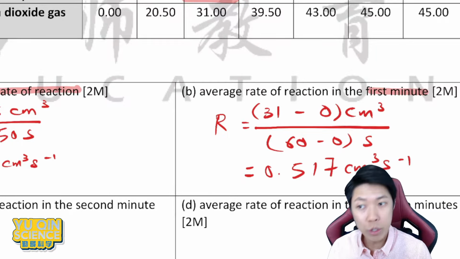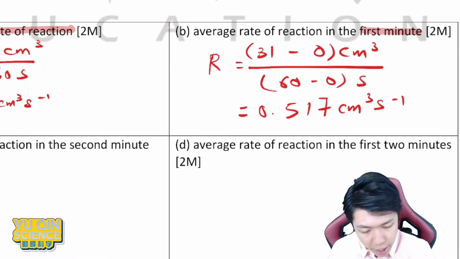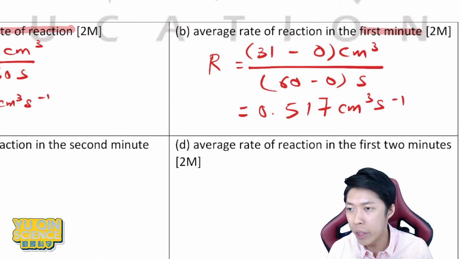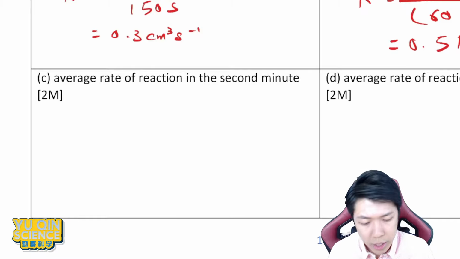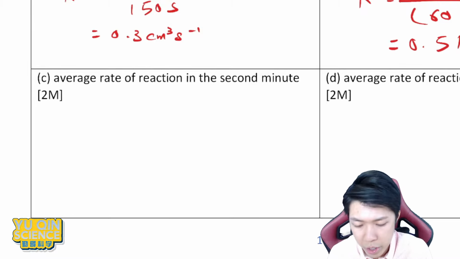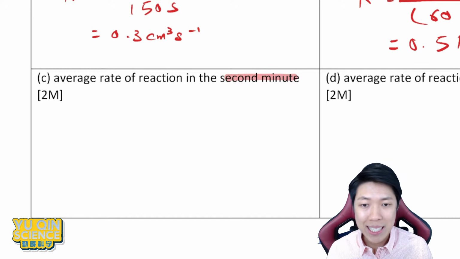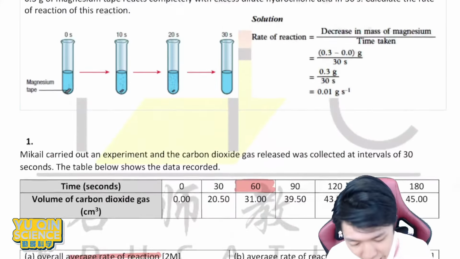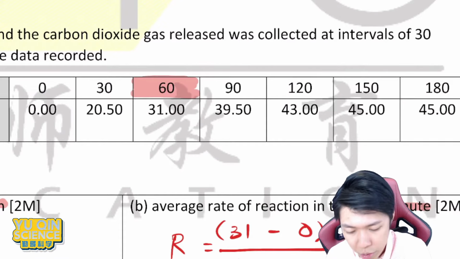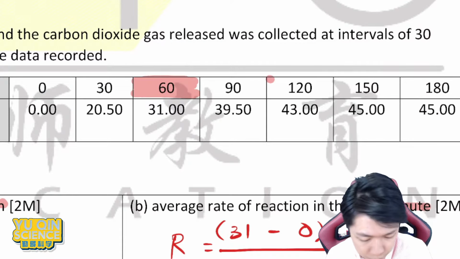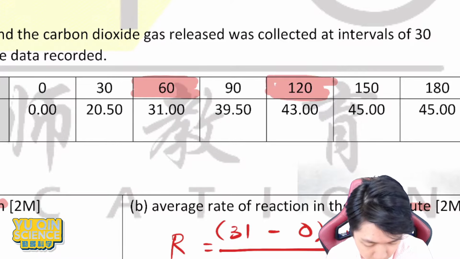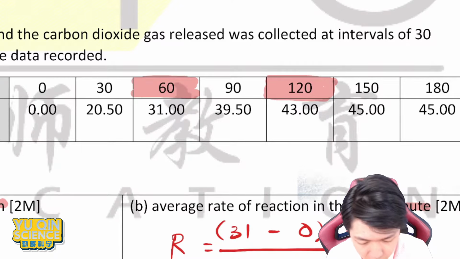Okay, so far so good. Yeah, right. And I think we get to the C next one. Average rate of reaction in the second minute. You know what's the meaning of second minute? Second minute means that I only want to focus on the whole second unit.